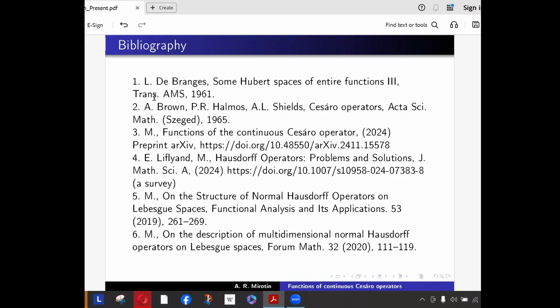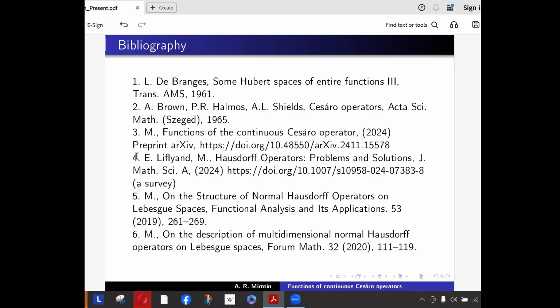The second is the seminal paper of Brown, Halmos, and Shields, where C1 and C plus were studied in the spaces correspondingly L2 over the unit interval and L2 over the half positive axis. And this is my preprint.